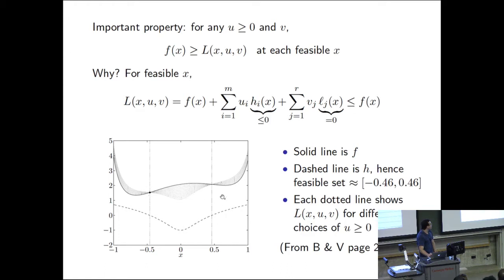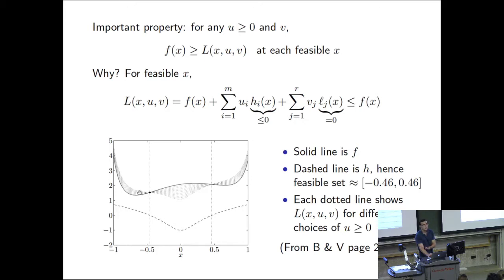On the feasible set, every one of these dotted curves lies beneath f pointwise. For every x, f of x is bigger than or equal to the Lagrangian at x for all those positive u's. So we're demonstrating that we get a pointwise lower bound on f on the feasible set for a bunch of different dual variables u.